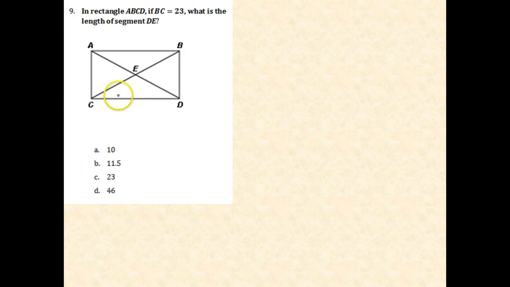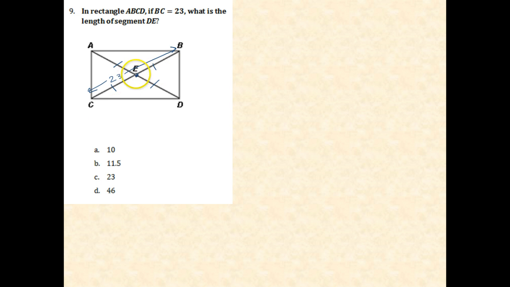In rectangle ABCD, if BC is 23, what is the length of segment DE? So if BC is 23, all the way across here is 23. And in a rectangle, all of these are congruent.